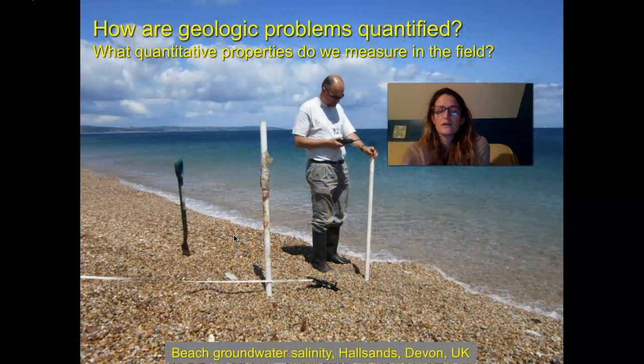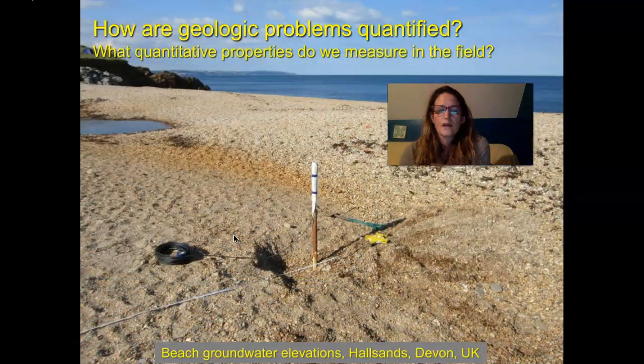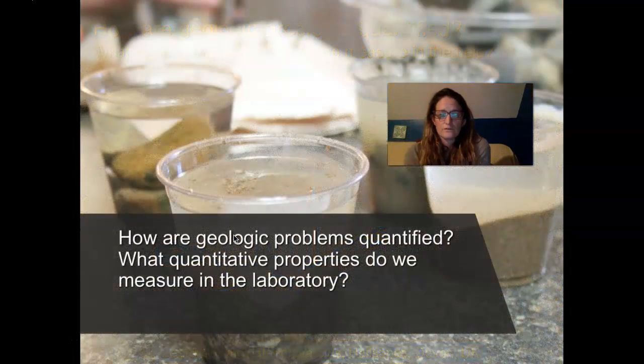We also can measure the salinity of the water through these monitoring wells, and then look at how deep is the groundwater. So these different measurements go into quantifying the relationship between the freshwater and the salty water.